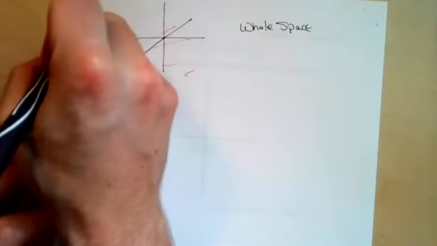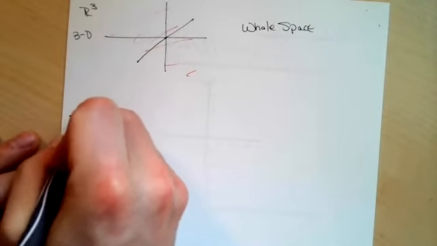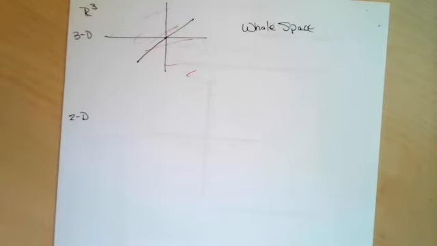This is going to be our 3-dimensional vector space. Our 2-dimensional vector space is essentially going to be like the previous example. We only had one 2-dimensional vector space in our previous example. It was just the plane.